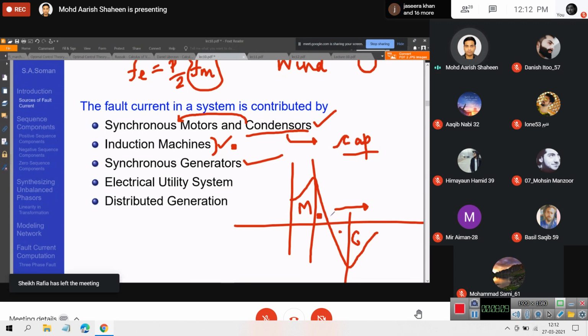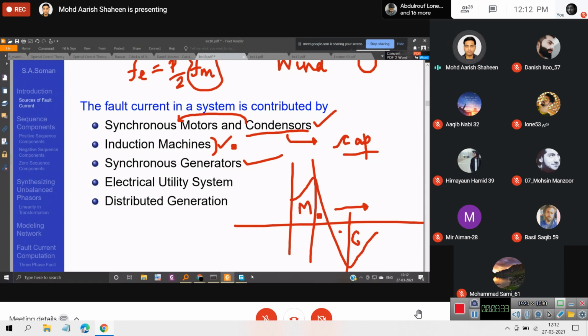Anyway, this is the characteristic of what is known as a squirrel cage induction generator. If you have a wound rotor induction generator, the characteristics are even more interesting. But anyway, we will not go into that. This is increasingly becoming important. In the olden days, maybe before the 1990s or maybe before 2000, in fact, the most important source of fault current was the induction motor.